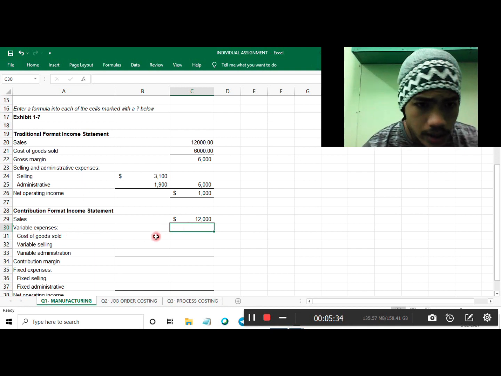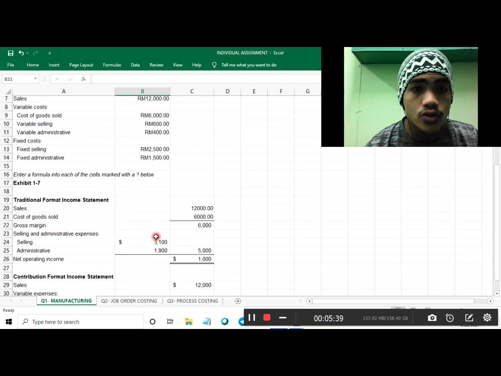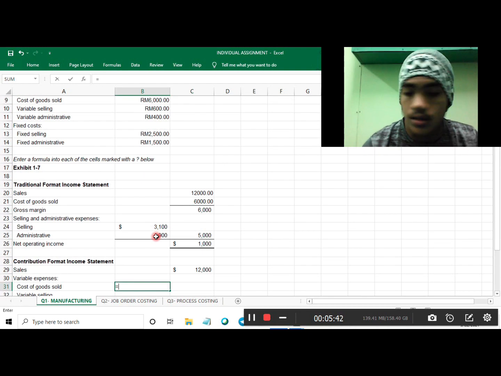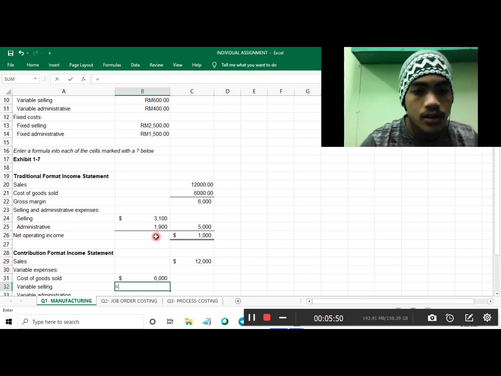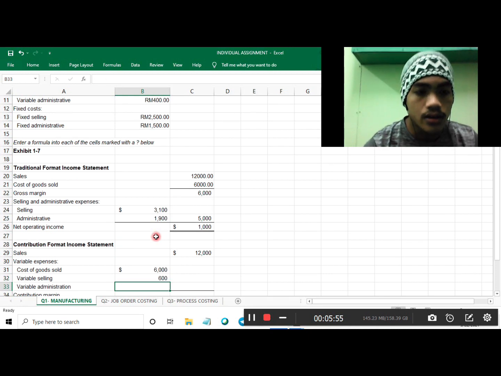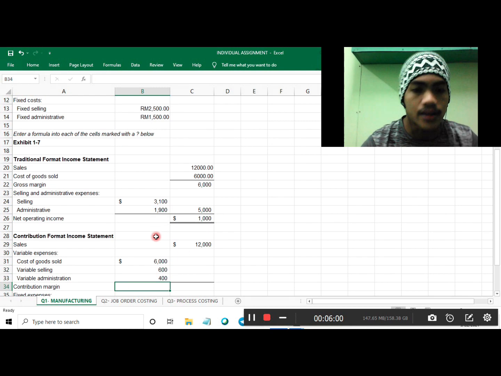So sales minus variable expenses. For cost of goods sold we have 6,000 from the data, and then variable selling equal B10, 600, and for variable administrative equal B11, 400 ringgit.